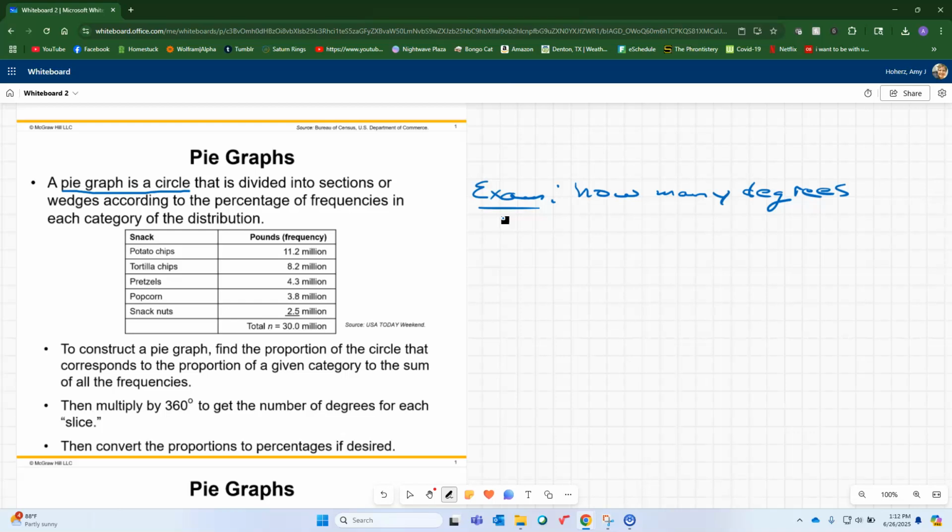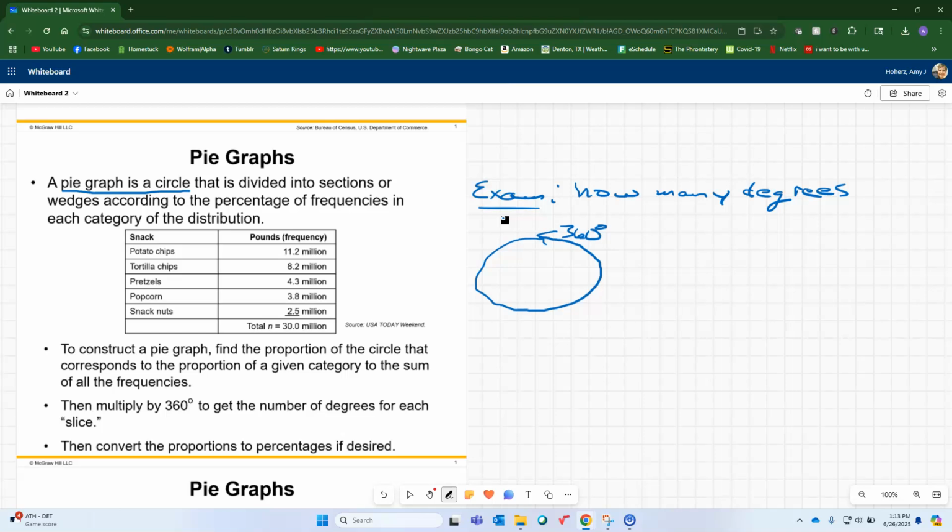Now, it's not 3.8 million degrees. Remember, a circle has all the way around. If you do any kind of sports where you do twists or flips, all the way around a circle is 360 degrees. Sorry, my circle doesn't look very circly, but that's supposed to be a circle.